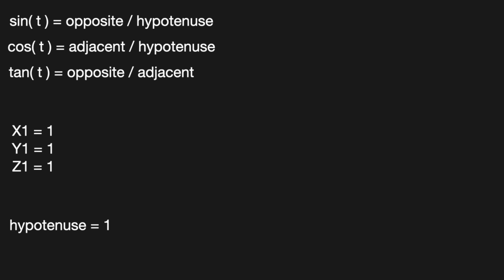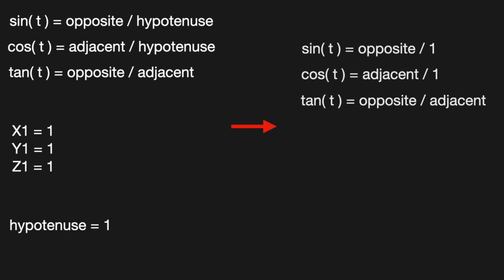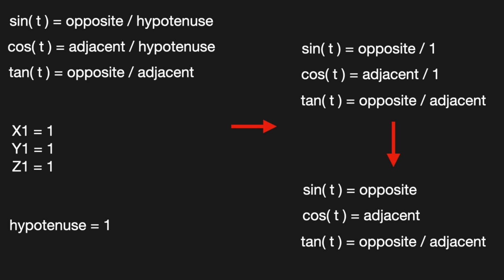So the hypotenuse of all of these is equal to 1. Therefore, the sine of theta is equal to opposite over 1, the cosine of theta is adjacent over 1, and the tangent of theta is the opposite over the adjacent. Or we can just say the sine of theta is the opposite, the cosine of theta is the adjacent, and the tangent of theta is the opposite over the adjacent. The important thing to note here is the sine of theta and the cosine of theta. They're equal to the opposite and the adjacent.